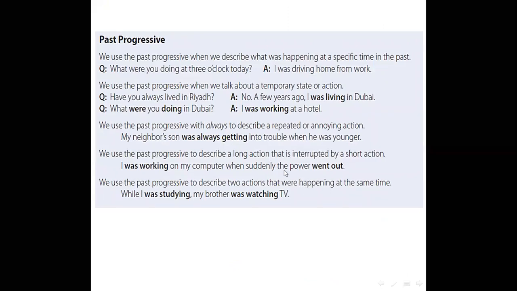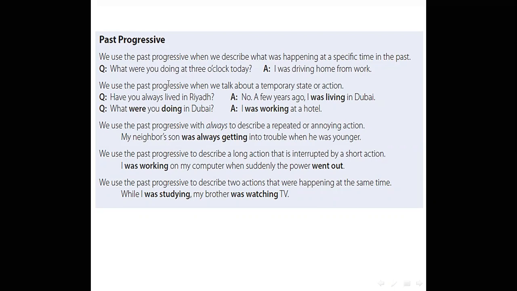The next tense is past progressive. What is the form of past progressive? Listen to this sentence, please. While I was studying, my family were going out. Who can tell me the form of past progressive?